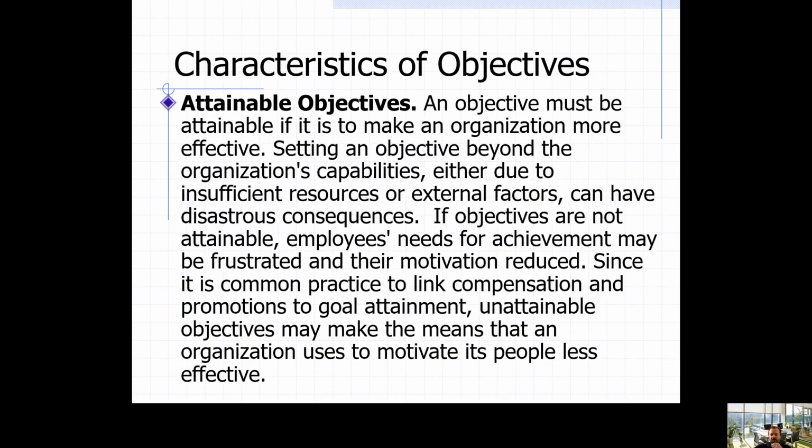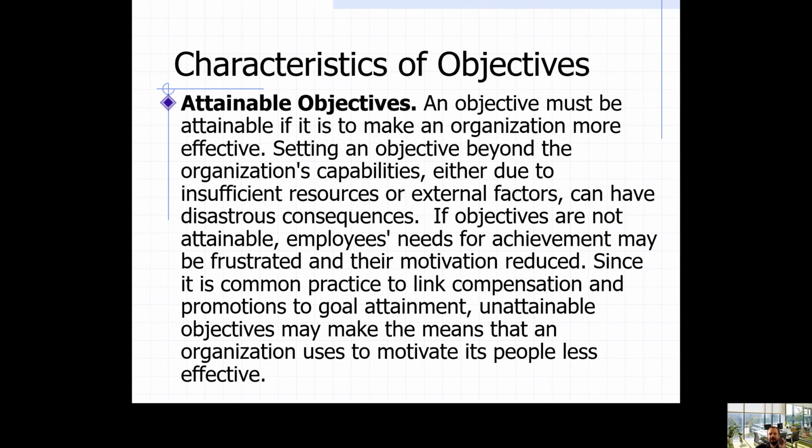And last but not least, any objective must be attainable or achievable. You know, if your subordinates feel that it's not even theoretically possible to attain this objective, what do they do? Yes, correct, they do nothing.